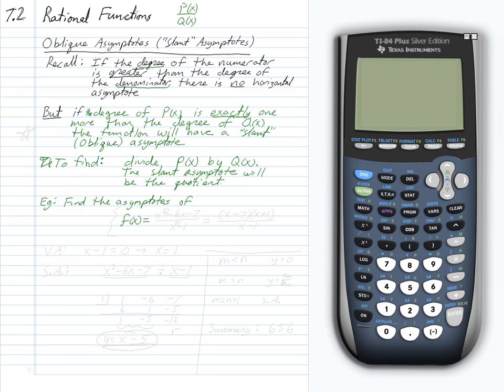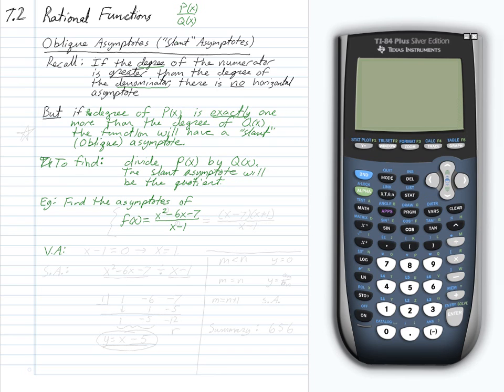Suppose we are working with a rational function, x squared minus 6x minus 7 over x minus 1. So we'll get a little bit of practice finding a vertical asymptote first.